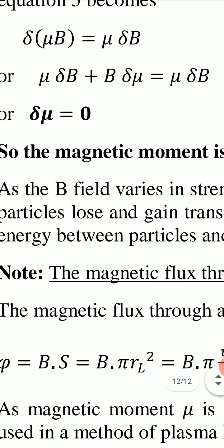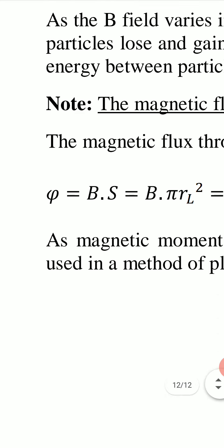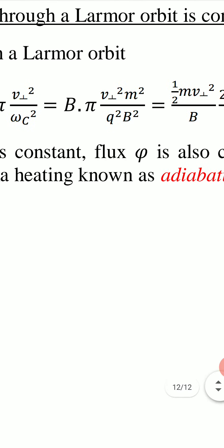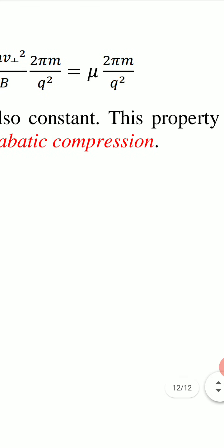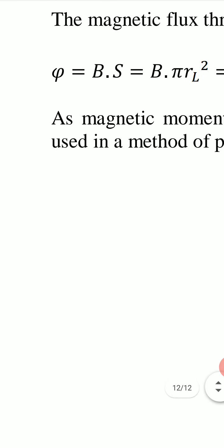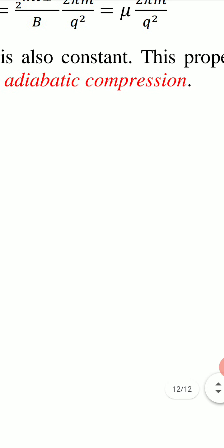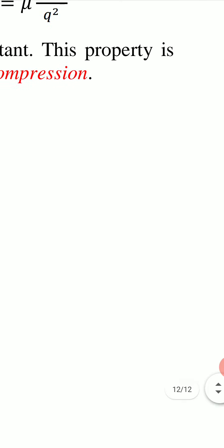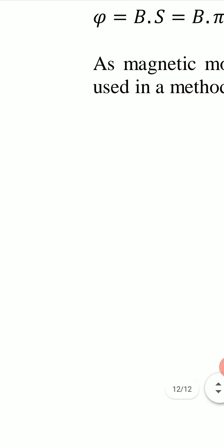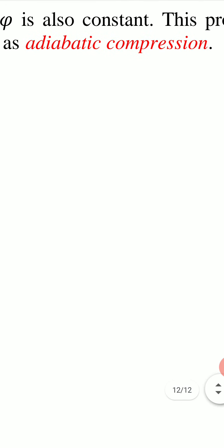From this relation, delta mu equal to 0, that is, the change in mu is 0, so mu is constant. The other terms having m and q are also constant. So we see that this flux phi is constant. As the magnetic moment mu is constant, flux phi is also constant. This property is used in a method of plasma heating known as adiabatic compression.